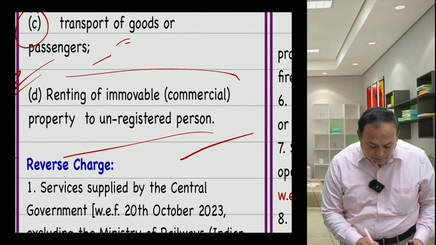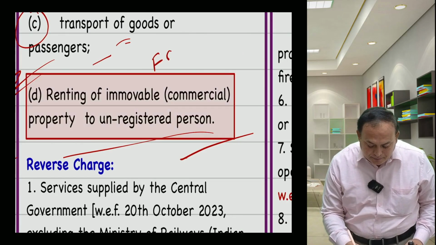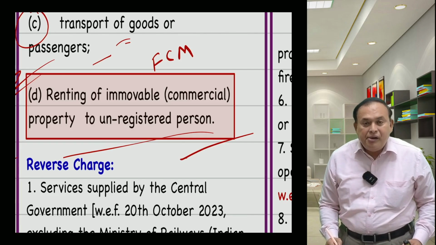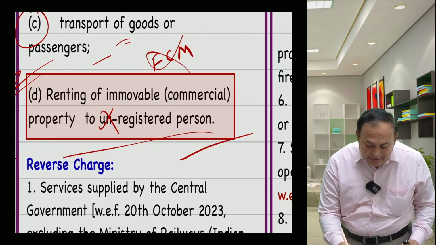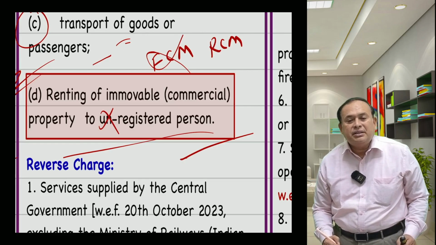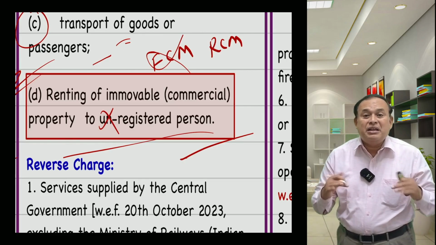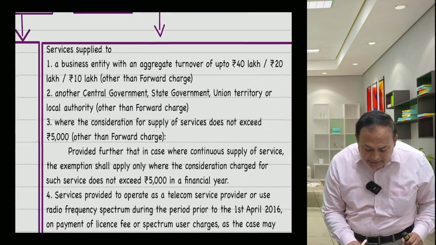This one, where the supplier is liable to pay, is forward charge, FCM. If it is a registered person, then it is RCM. As simple as that. This FCM or RCM will apply only when it is not exempted. We have a list of exemptions here.